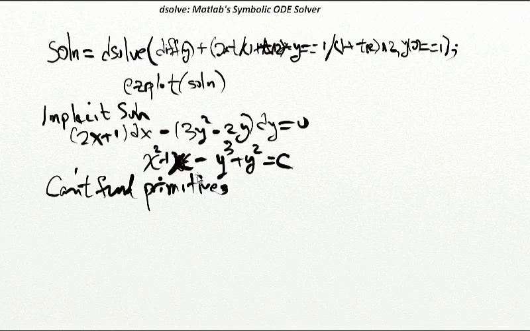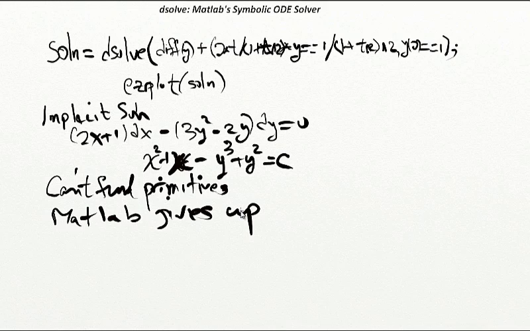We'll see an example momentarily where MATLAB reports its answer in terms of an unevaluated antiderivative. Another thing that can happen is MATLAB gives up. I'll also see an example in a moment where MATLAB reports that it just can't solve the equation.